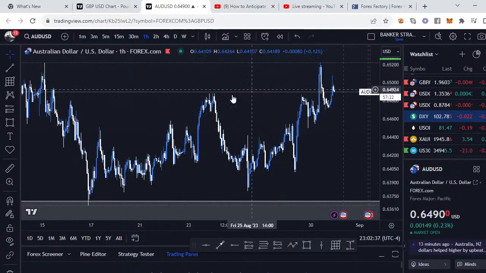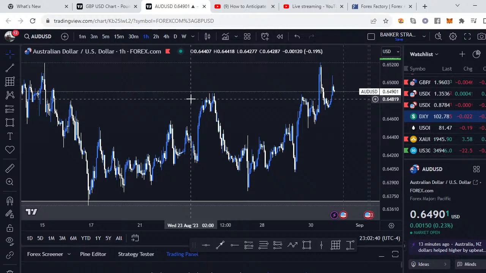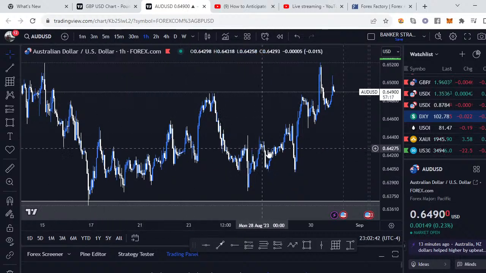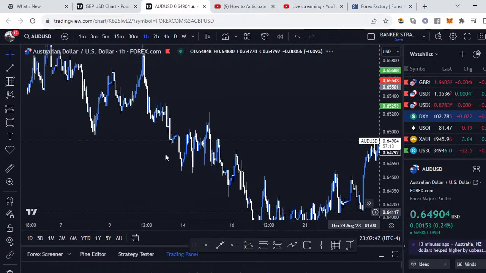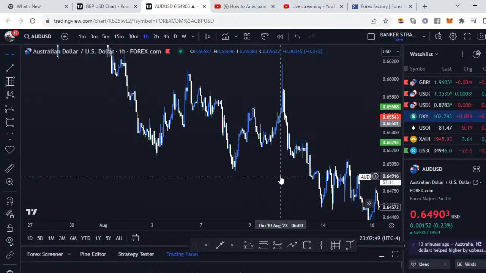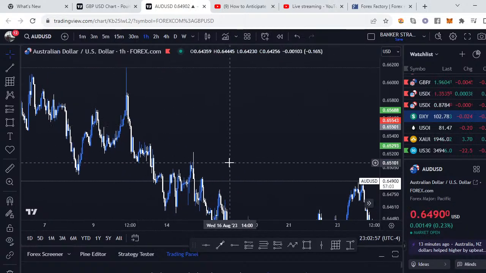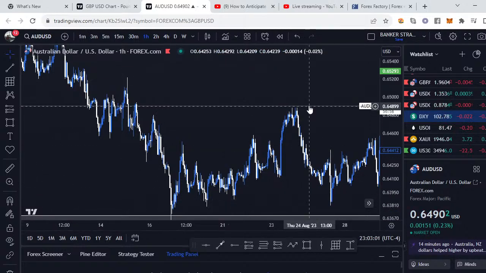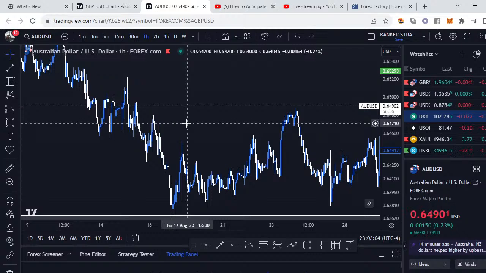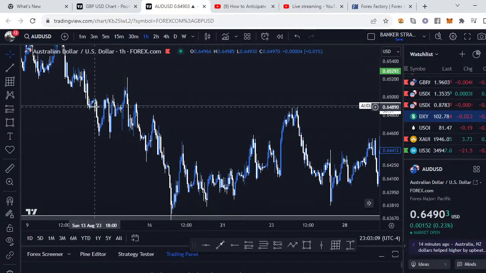A lot of people see candlesticks and a chart and a graph and all this stuff. All of this is nothing, right? But what to do with this is something. All right, so this is basically what goes on.